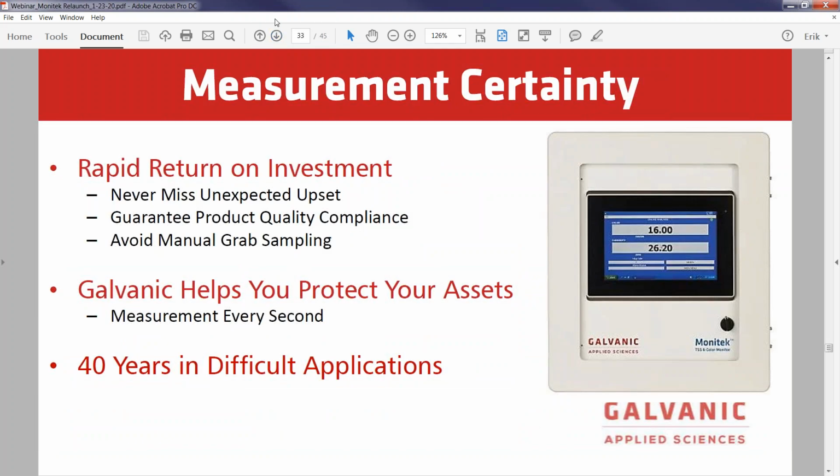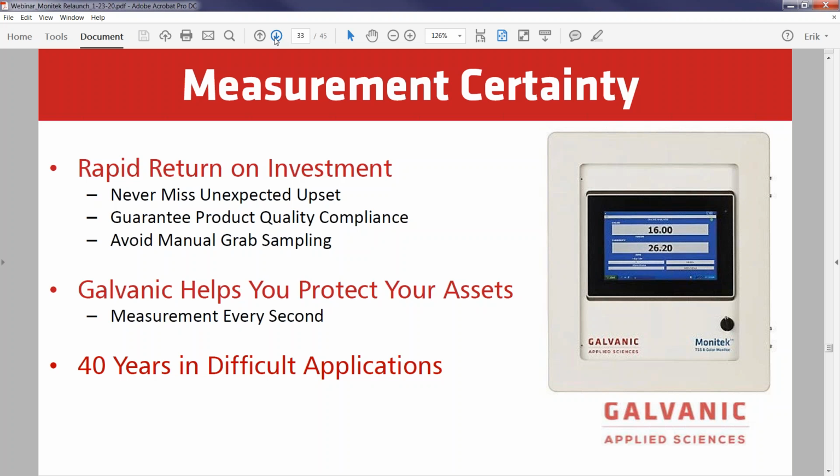So when we take a look at the Monitek, measurement certainty, and we talk a lot about certainty from a Galvanic point of view. Rapid return on investment. Never miss an expected upset. Because we can have the analyzer working and the sensor working in these applications and be able to eliminate fouling, you're going to get good speed of response and actually be able to measure those.